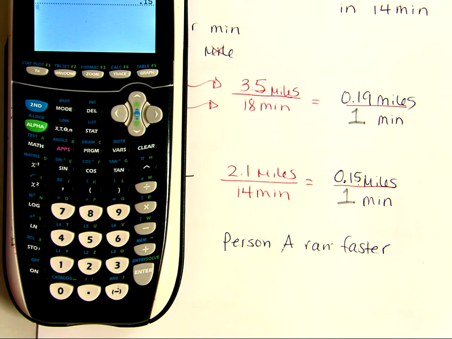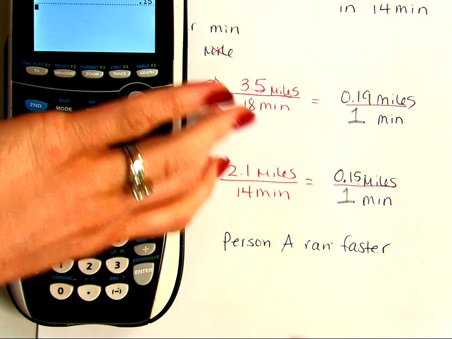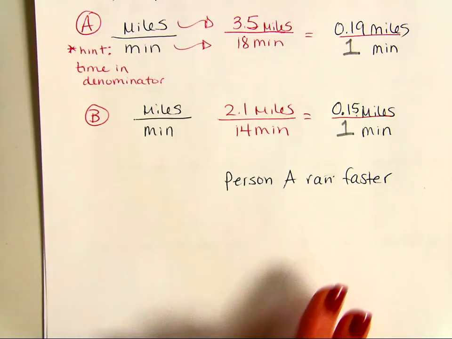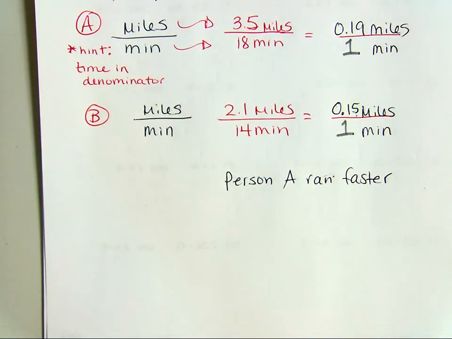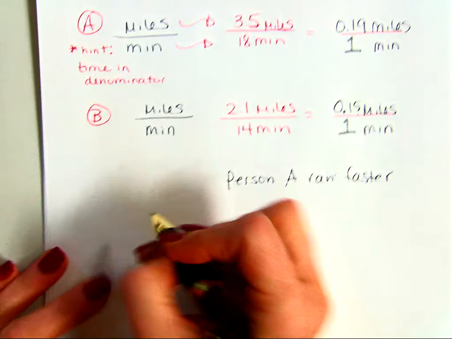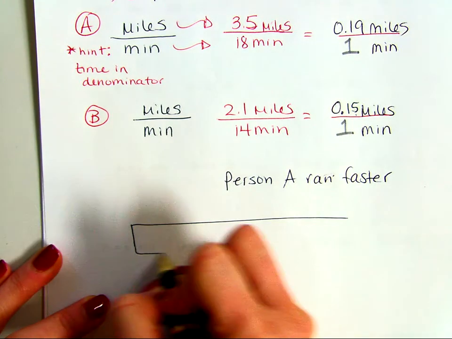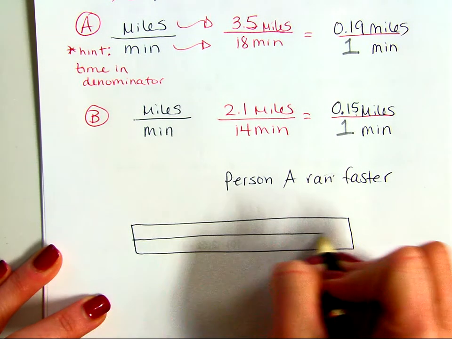Okay. Then one more thing that we're going to talk about is if I were to give you a table, meaning I give you a table of values. So let's look at this. Go ahead and make kind of a little table on your paper.